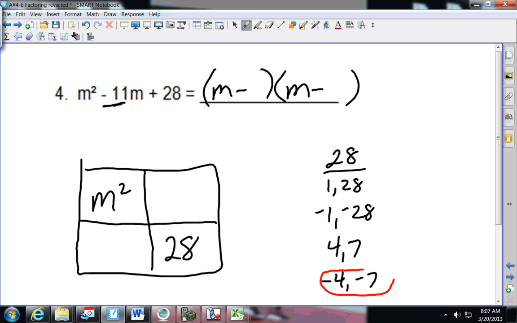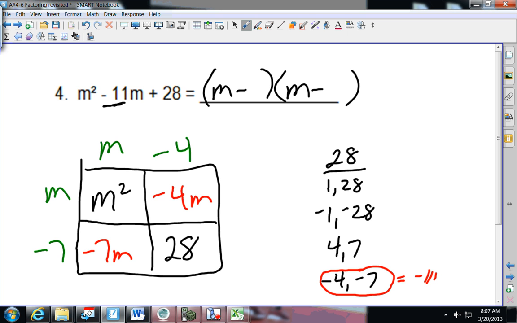I know that these two add up together to give me negative 11. So it'll be negative 4m and negative 7m. So m and m times what is negative 4m? Negative 4. M times what is negative 7m? Negative 7. So it's m minus 7 and m minus 4.